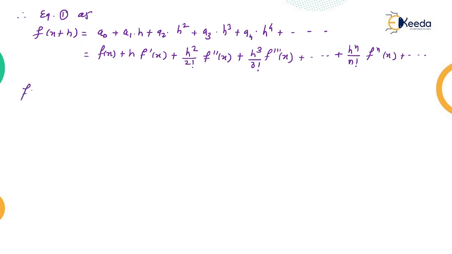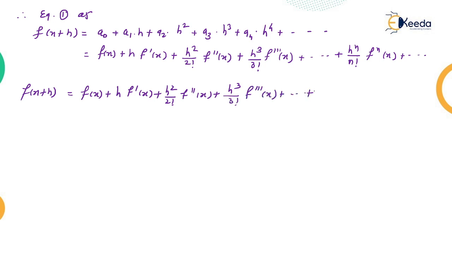So clearly after substituting the values of a0, a1, a2, a3, the formula becomes f of x plus h is equal to f of x plus h into f dash of x plus h square divided by 2 factorial into f double dash of x plus h cube divided by 3 factorial into f triple dash of x plus and so on. We get an infinite series, h raised to n upon n factorial into fn of x plus and so on.